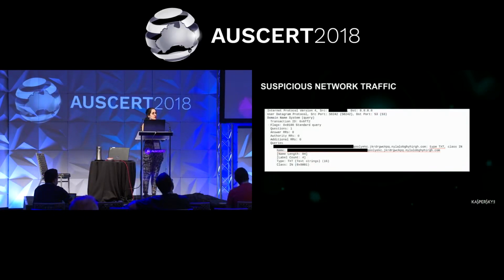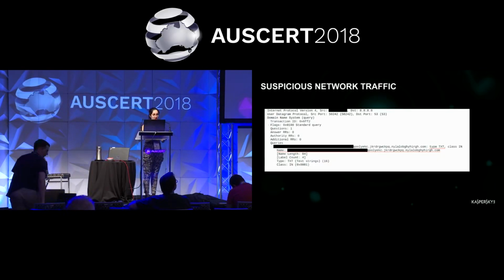So when we started looking at the network traffic, we saw something like this. If you notice, the domain name is very strange. It's a long, random set of characters, and it was happening on the network traffic from the system that I said was responsible for financial transactions.